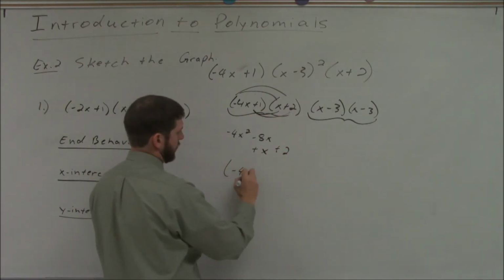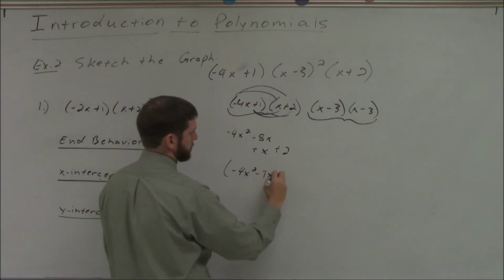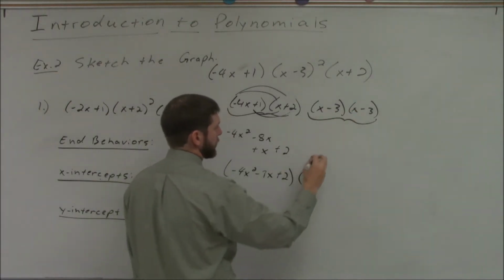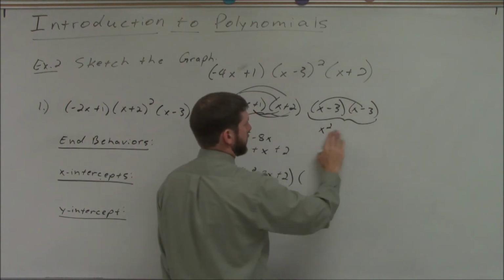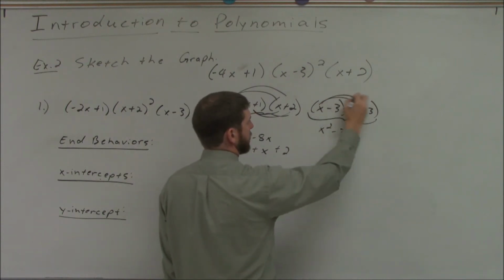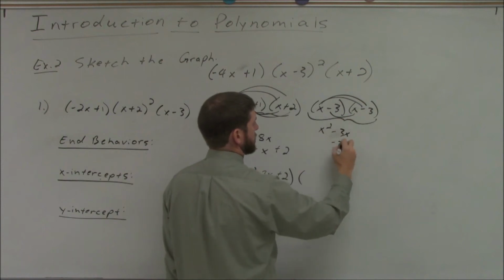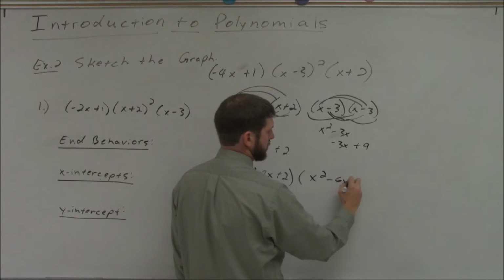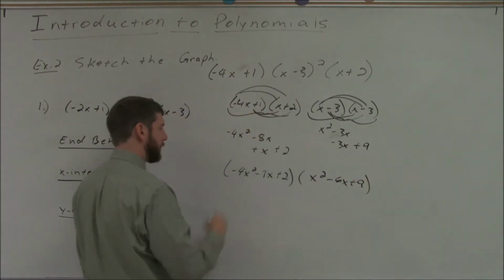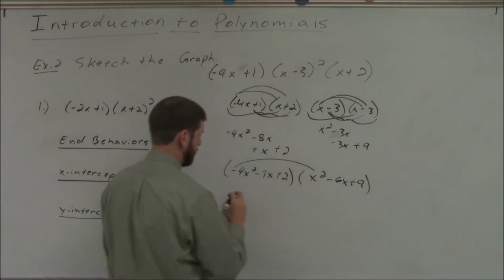So I get negative 4x squared minus 7x plus 2. On this one over here, x squared minus 3x minus 3x plus 9. So x squared minus 6x plus 9. And then we put those two together.